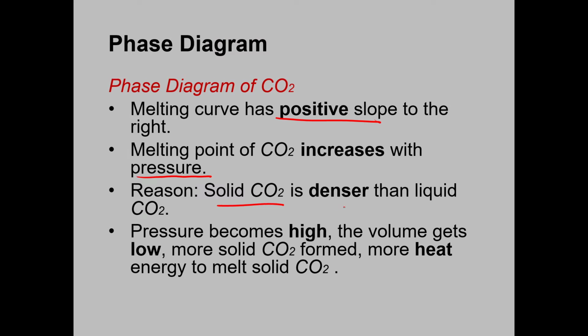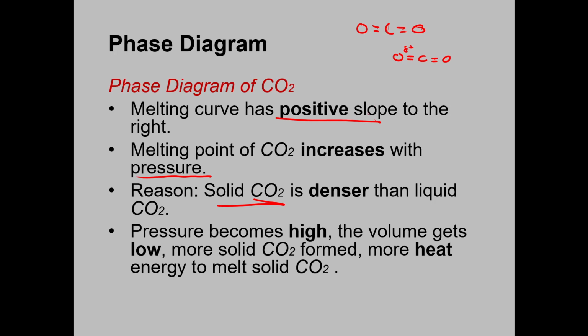Okay, because solid is denser. The reason is we don't have any extra forces between C double O and another carbon dioxide. We only have London forces, which are temporary partial positive charges, temporary dipole moments.